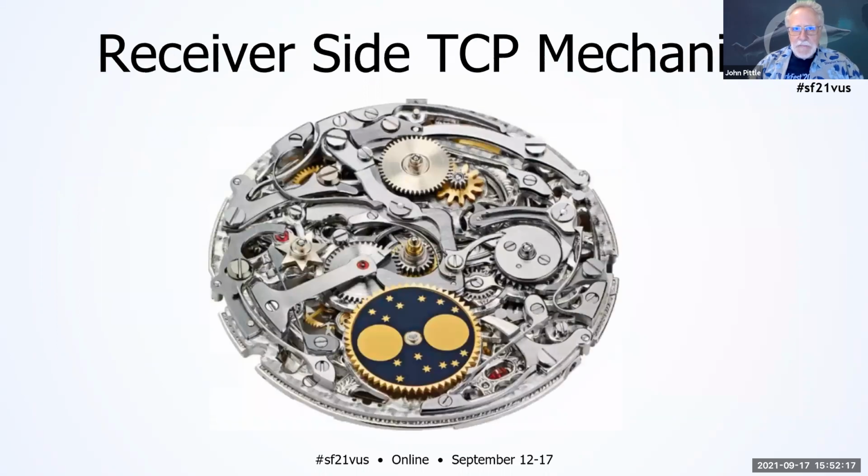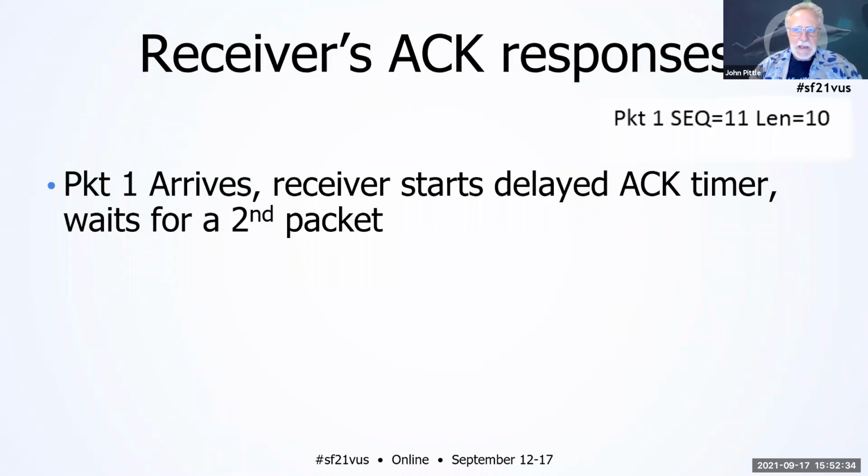Okay, so we were looking at this visual of stream bytes moving back and forth and arriving out of order. Let's take a closer look at the receiver side, TCP mechanics. Let's say up here we've got packet 1 arriving in the top right-hand corner of the slide, 11 bytes, length equals 10.